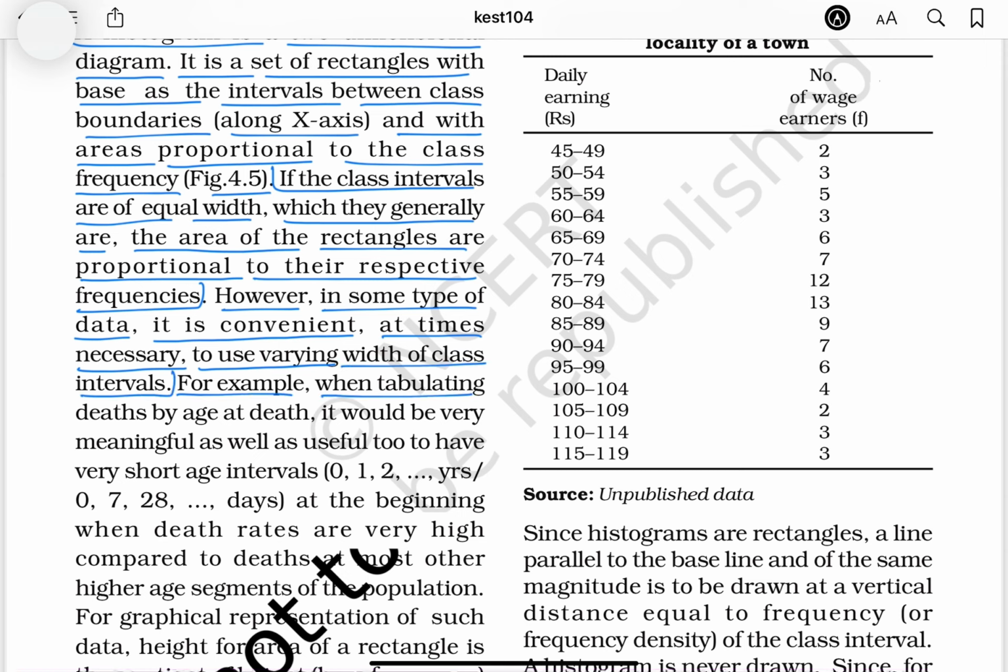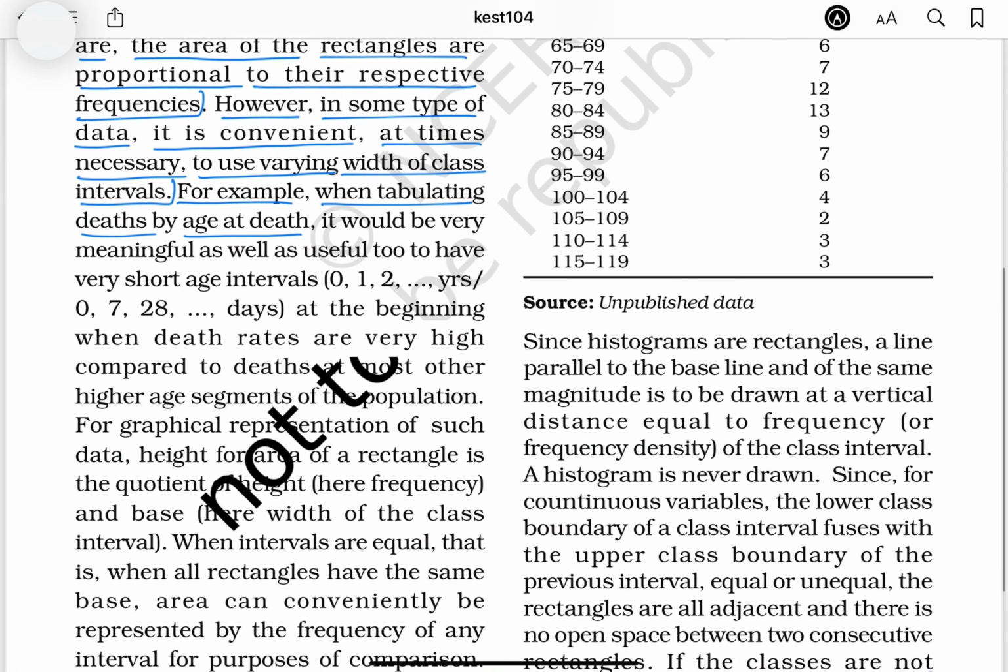For example, when tabulating deaths by age at death, it would be very meaningful as well as useful to have very short age intervals, 0 to 1 years, 0 to 7 days, 7 to 28 days, at the beginning, when death rates are very high compared to death at most other higher age segments of the population.